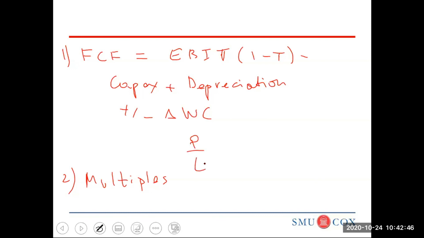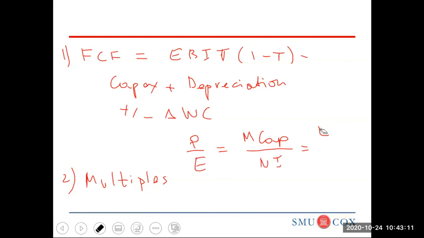That's a very traditional multiple, price divided by earnings. And usually what it means is it could be either market capitalization divided by net income, or it could be share price divided by EPS, which is reported earnings per share.